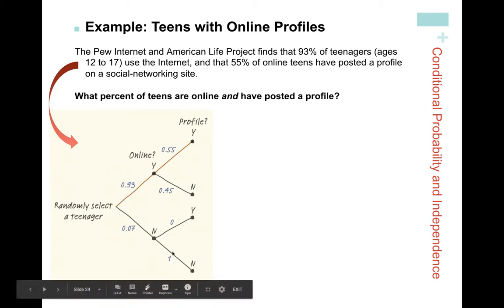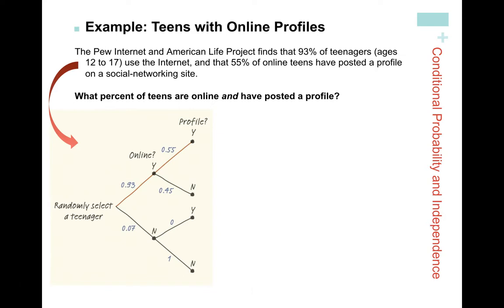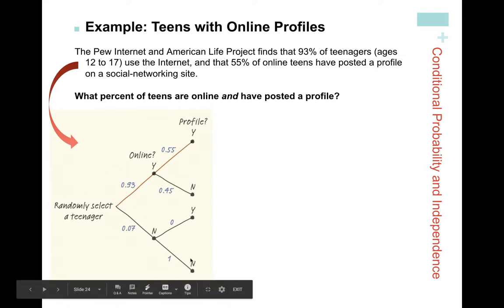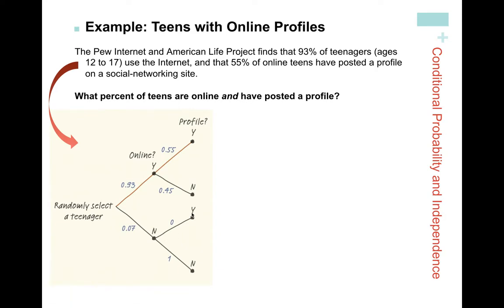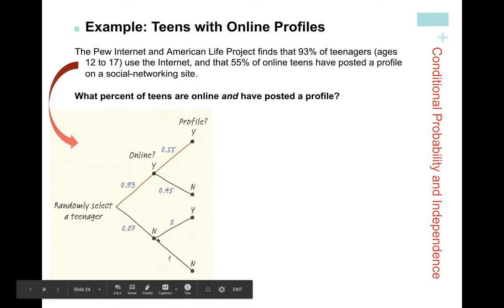And the probability that they have not posted, given that they're not online, is a certainty, so the probability is equal to 1. Again, these two probabilities add up to 1. If you had more than just yes or no, with many different branches coming out here, they would all add up to 1.